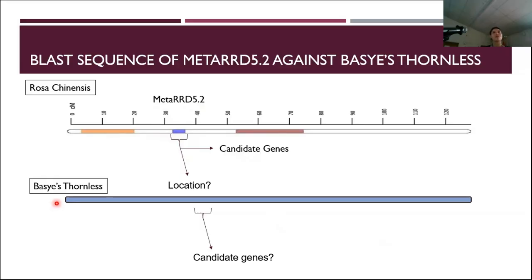It's in the parentage of M44, which was on the diploid side. So what we want to do next is figure out where this region is within that assembly. Hence the question mark. We haven't done it yet, so we're interested in what that holds. And then within that region, again, doing the same process and figuring out what candidate genes are in that genome assembly.